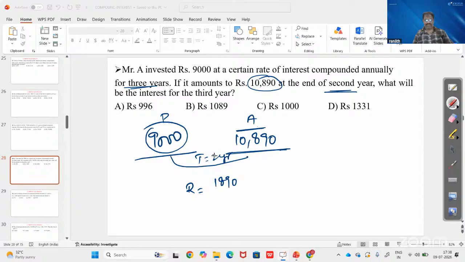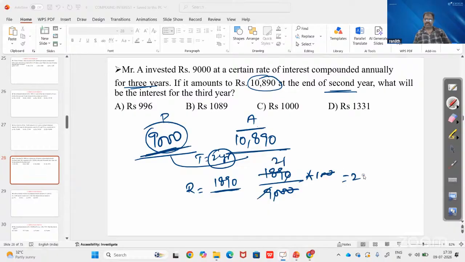So time period equal to 2 years, compounded annually. So what is the rate of interest? Just look at here. Here we are having 9,000 and here we are having 1890. So 1890 divided by 9,000 into 100, so that will be equal to 21 percentage.